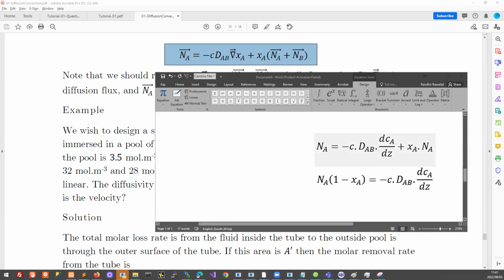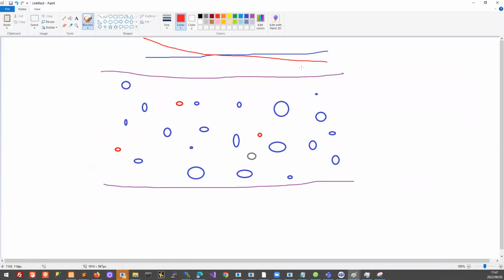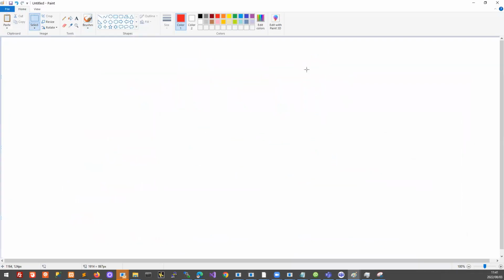Now let's look at a different situation. Let's take the case where we have a certain surface. So let's say there's a surface here, and let's say components A and B are reacting on the surface. So A is coming in here.